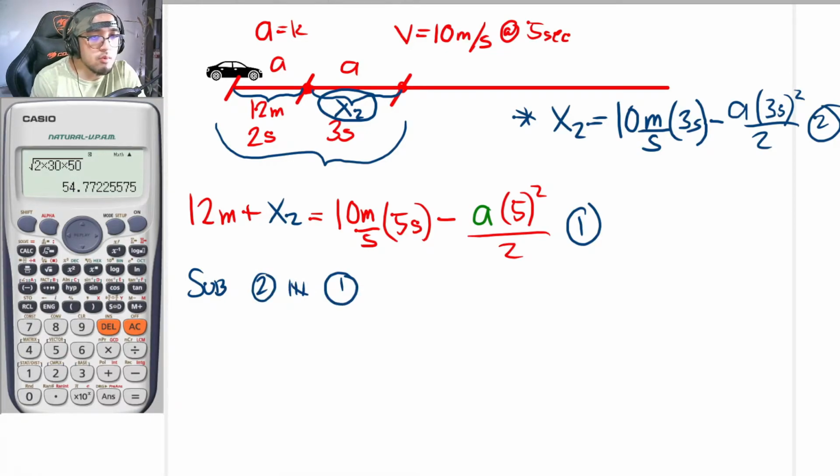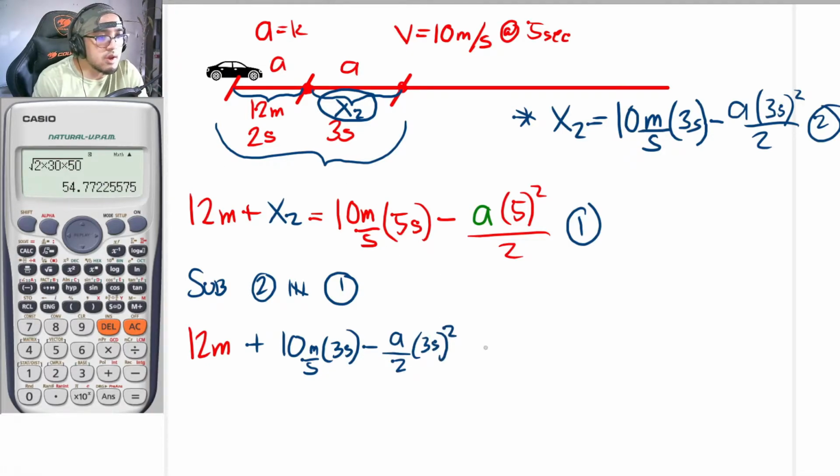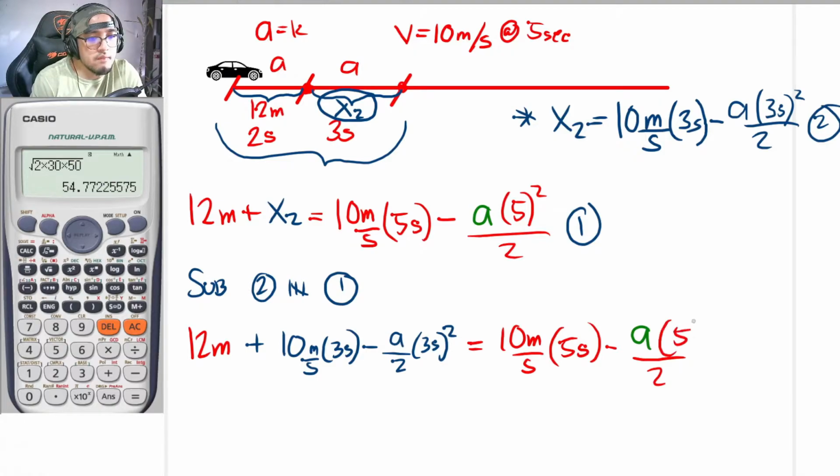So we would now be having an equation of 12 meters plus x sub 2, and that is now equal to 10 meters per second times 3 seconds minus a over 2 times 3 seconds squared. So this is now equal to 10 meters per second times 5 seconds minus a divided by 2 times 5 squared.